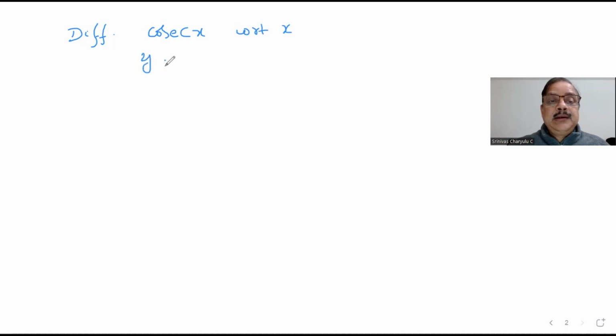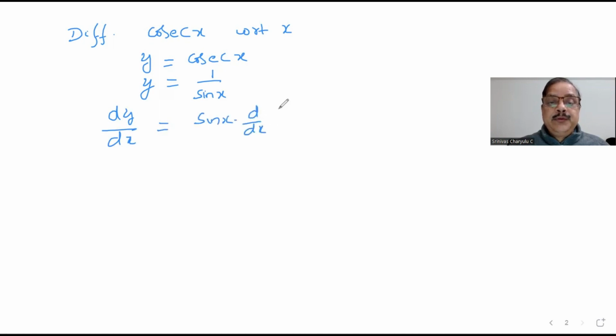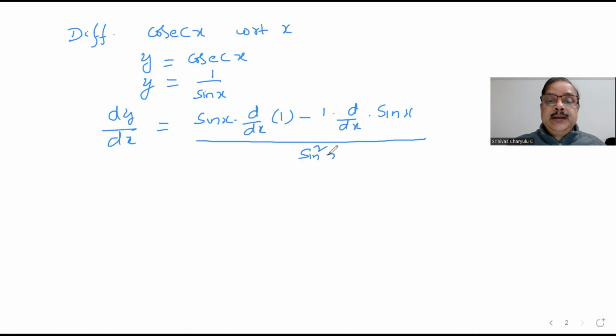Same method. Let y is equal to cosecant x. Take the reciprocal, it is reciprocal of sin x. Again apply the quotient rule, what we learned in the previous class. Denominator into differentiation of numerator minus numerator into differentiation of denominator, whole thing divided by denominator square.